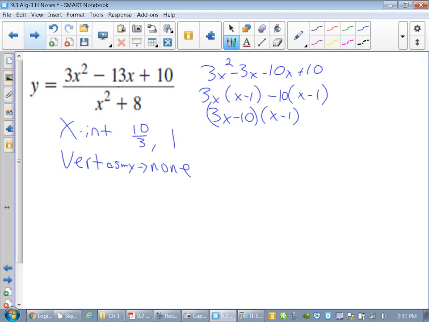Horizontal asymptotes, on the other hand, my degrees are the same. The numerator degree is 2, the denominator degree is also 2. So this is when you worry about looking at the coefficients, just like we did yesterday. So your horizontal asymptote's at 3.